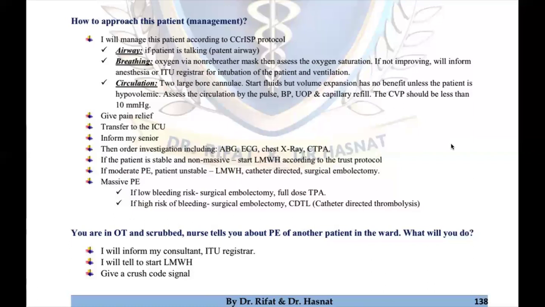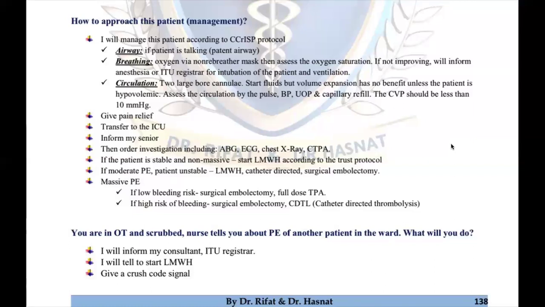What is the trust protocol? Who is this? Dr. Latif. What is the trust? The trust is the NHS, National Health Services. All the hospitals are directed by an authority, that is the trust, and they usually have some protocols for the local hospital, like NICE protocol.